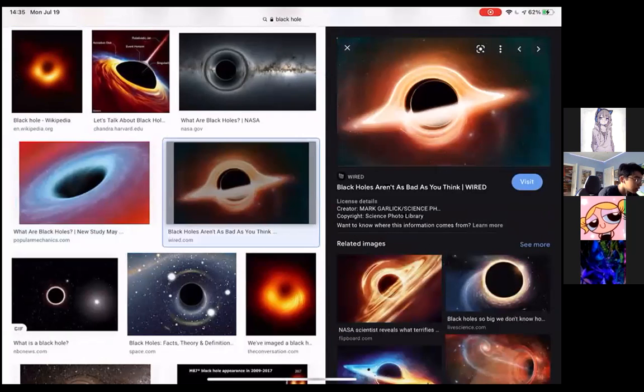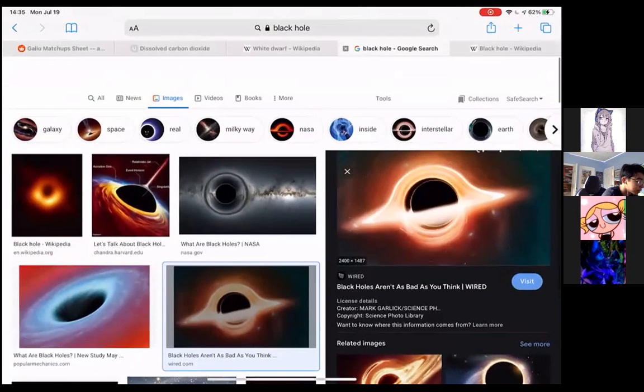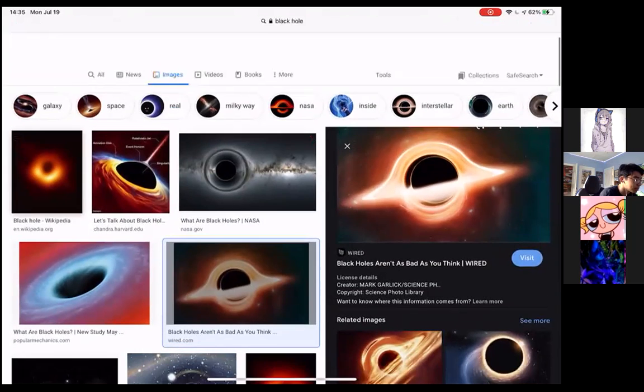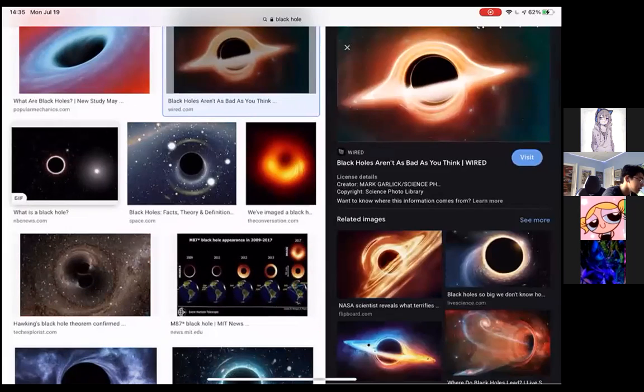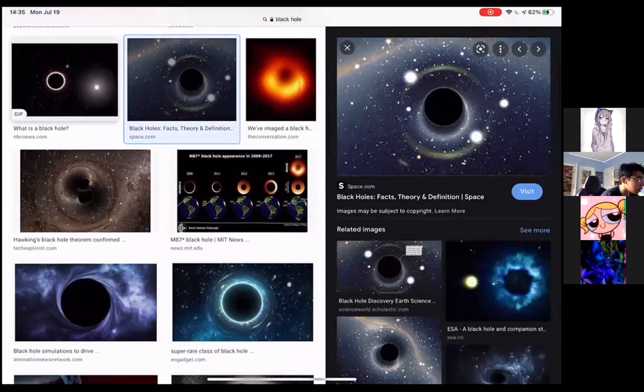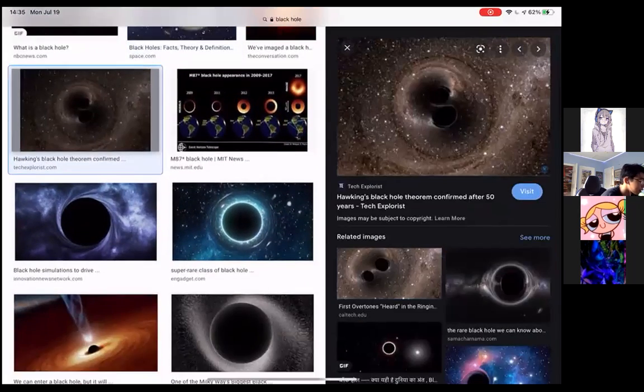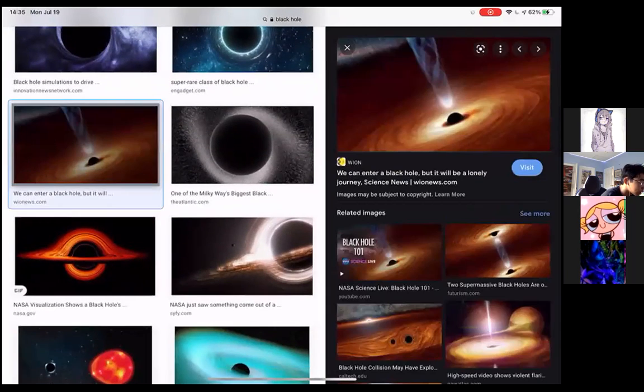This is a bit better. This is a really nice illustration of a black hole, but it still is someone's drawing of what they thought a black hole was. Same thing here. This is what people think black holes look like, but they're not really what they are.